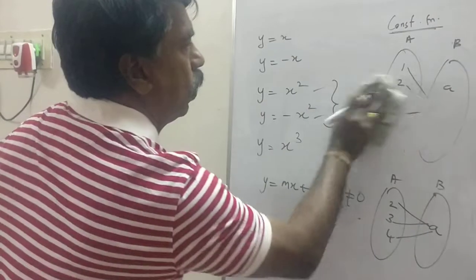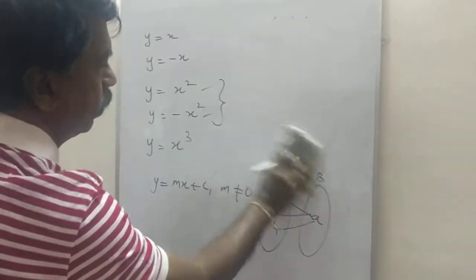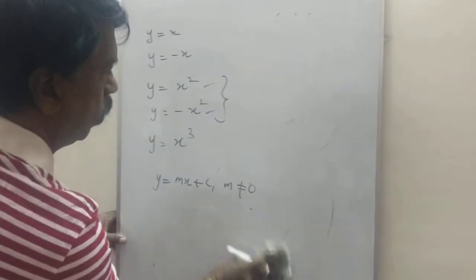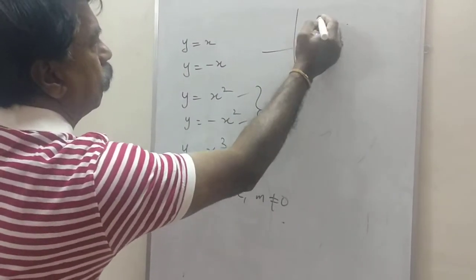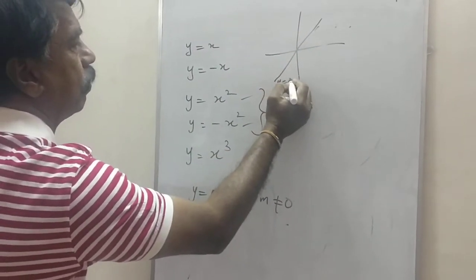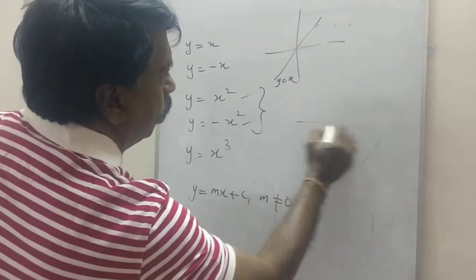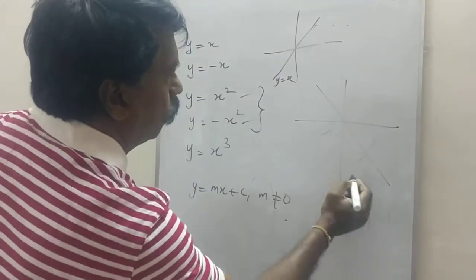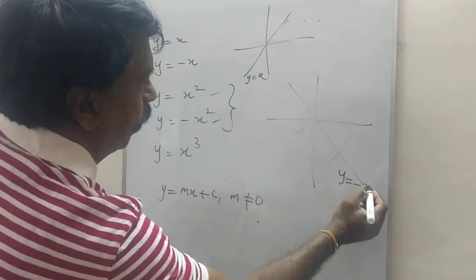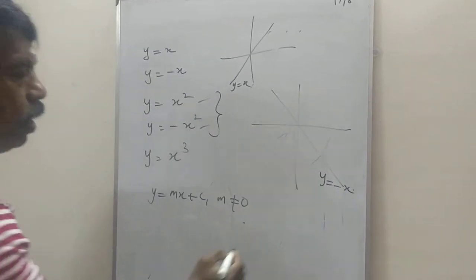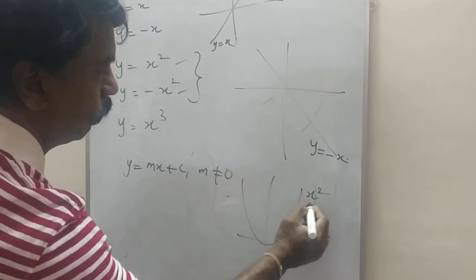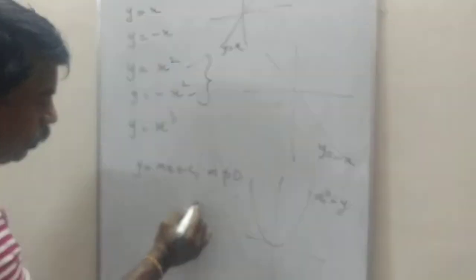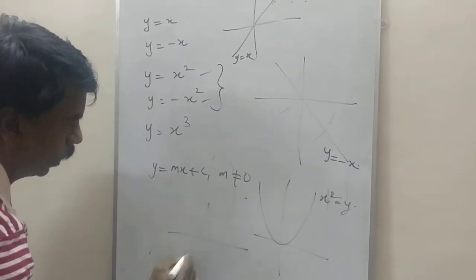For each one, let me draw a simple diagram. This is y equal to x. This is y equal to minus x, that is additive inverse. This is y equal to x squared, and this is y equal to minus x squared.